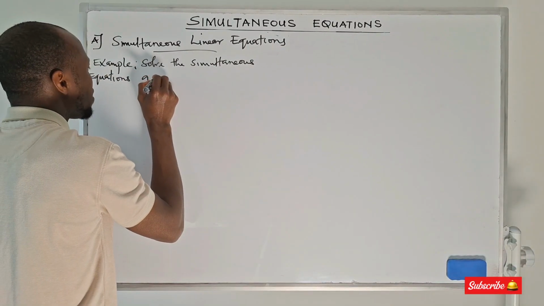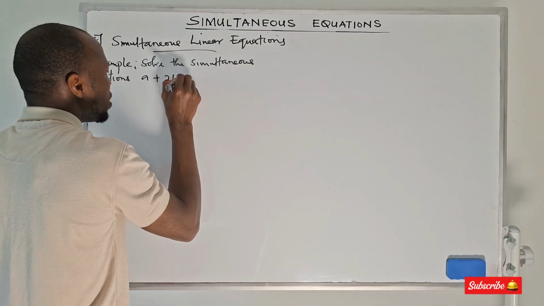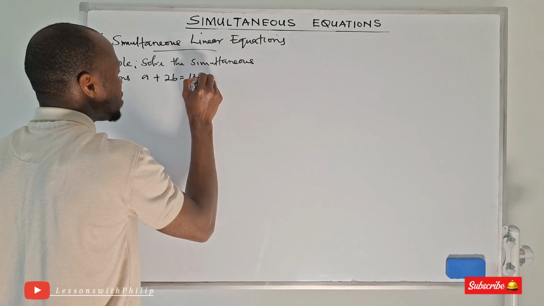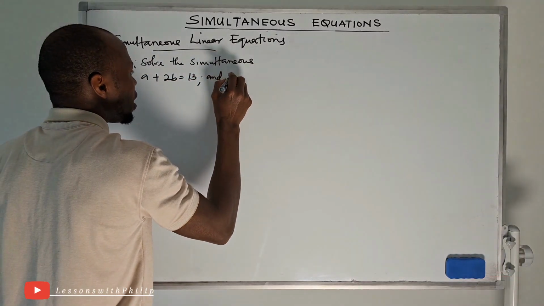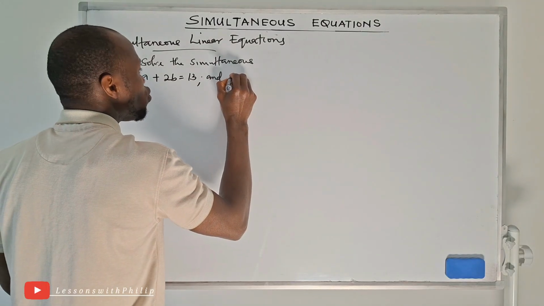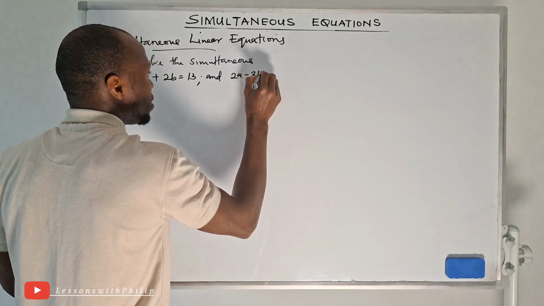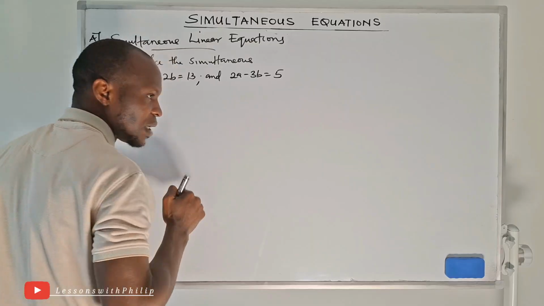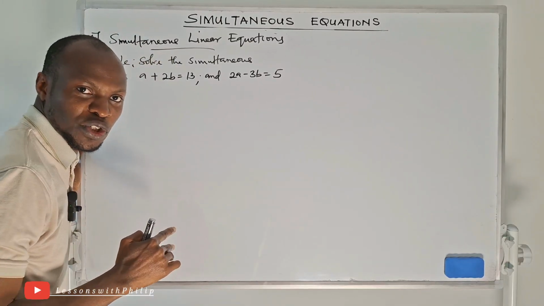Let's say we have A plus 2B equals 13, and 2A minus 3B equals 5. Let's say we have to solve these two simultaneous equations.